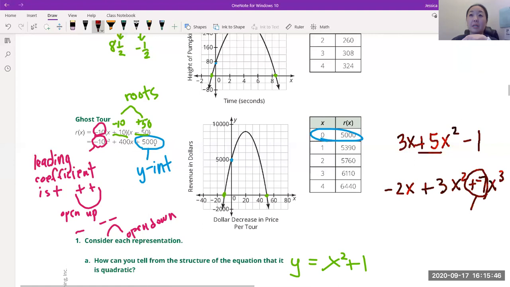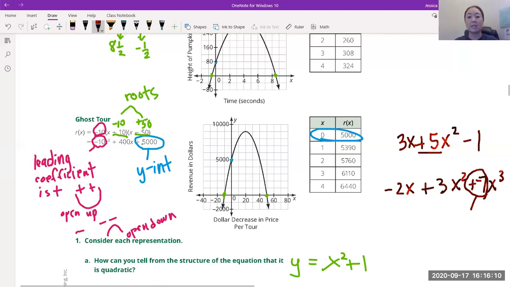Let's see if that's true for the other one. Instead of this minus 50, it's the opposite, which would be plus 50. Sure enough, that's my root, my other x-intercept. So in factored form, it will always tell you the roots. I'll show you how to do that later on, not today, but we will get into more of the specifics later on.